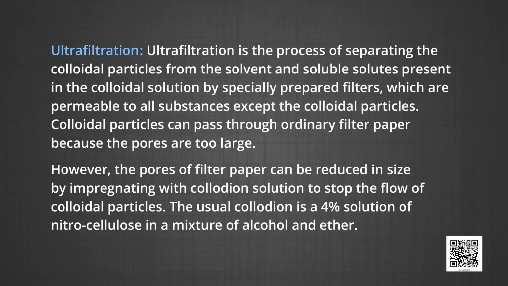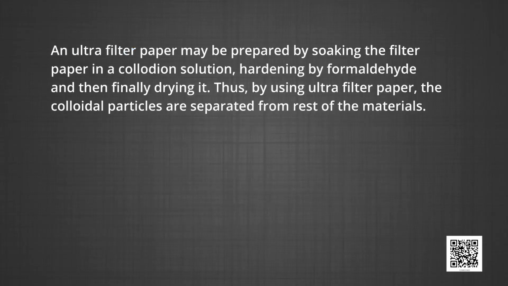The usual collodion is a 4% solution of nitrocellulose in a mixture of alcohol and ether. An ultrafilter paper may be prepared by soaking the filter paper in a collodion solution, hardening by formaldehyde and then finally drying it. Thus, by using ultrafilter paper, the colloidal particles are separated from the rest of the materials.